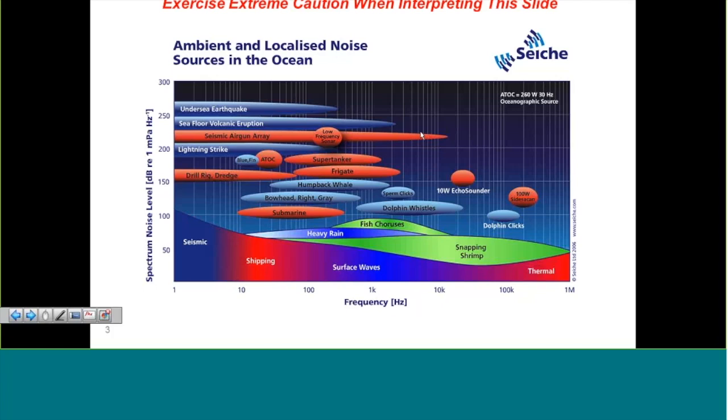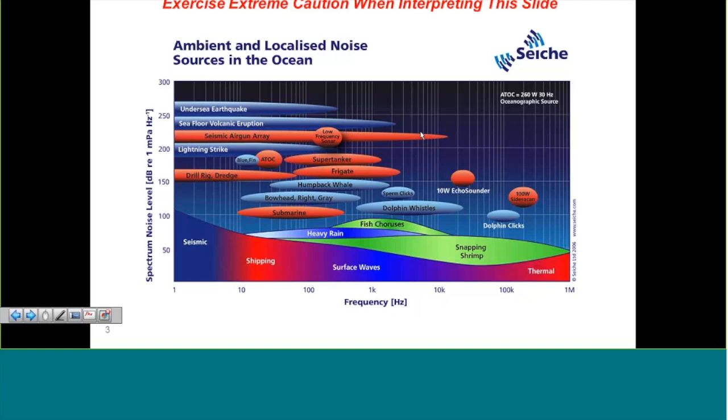The purpose of putting this together is to give you a feel that a lot of the sources that we use and that are used by man, or that are sounds produced by man as byproducts of our activities, like shipping noise, the cavitation off of the propellers, or the mechanical equipment noise, overlap in frequency, which is the X or the bottom axis here, and can be loud enough if you're close enough to them, which is the Y-axis, to affect the animals that are there and everything that's going on around them.